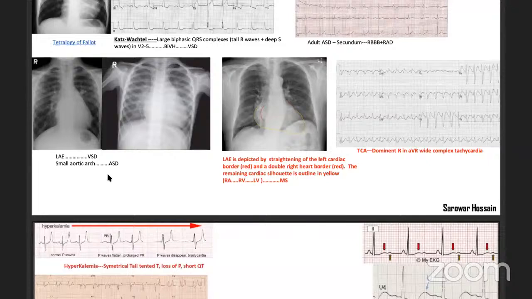What is in the second picture? Second picture also same only, I guess. But there's a double border, it looks like. Yeah, double border on the upper part. There's a possibility of ASD being there. Most likely ASD, I guess.